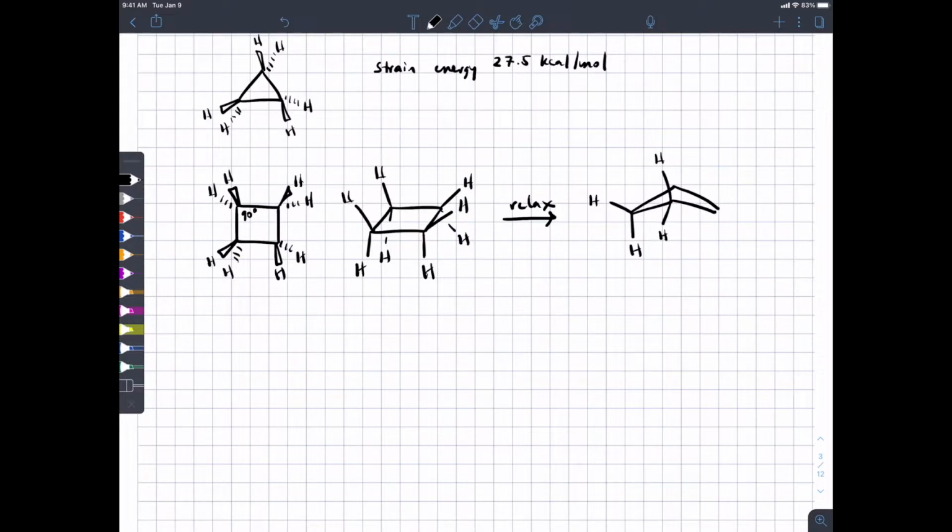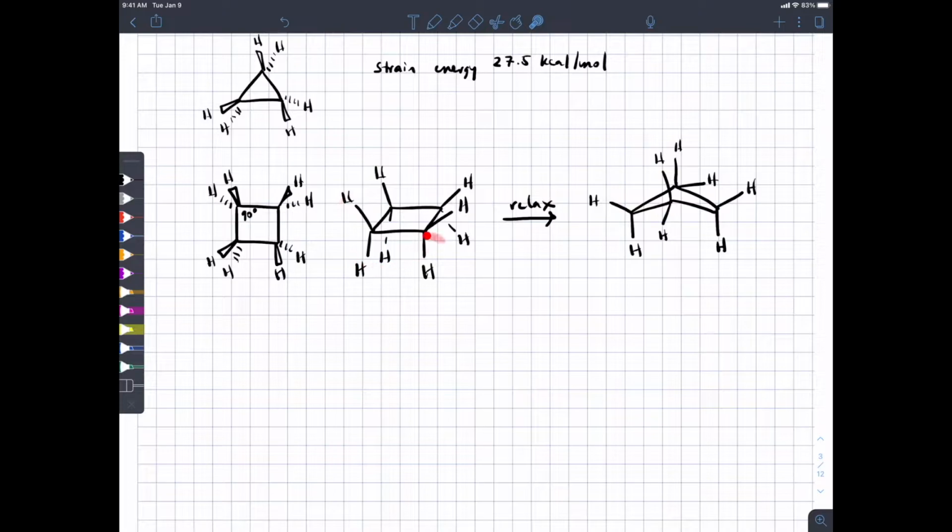And this relieves some of the strain of the ring, and also because the bond angles don't have to be quite 90 degrees, it also relieves some of the torsional strain between the hydrogens because they're no longer eclipsed with each other.